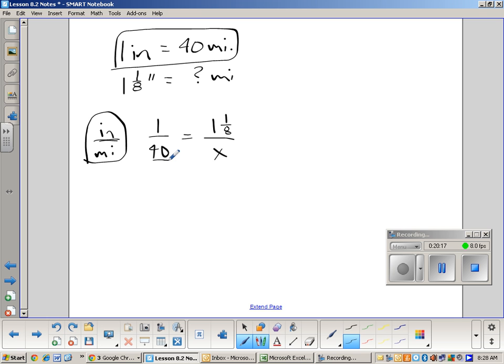So 1X then is going to equal 40 times 9/8. Would you agree that for 1 1/8, 8 times 1 is 8, plus 1 is 9, so we get 9/8, okay? How many times does 8 go into 40? 5.